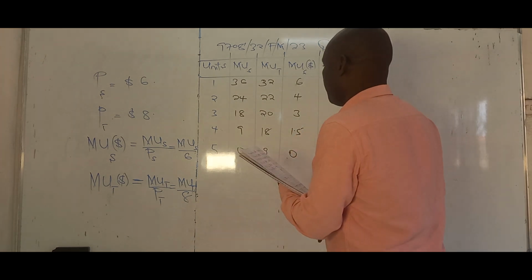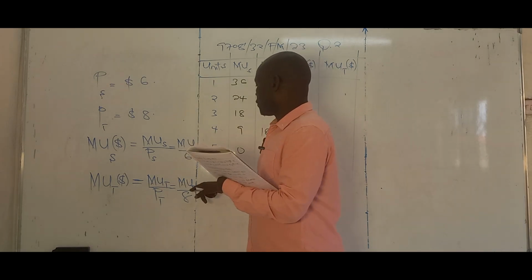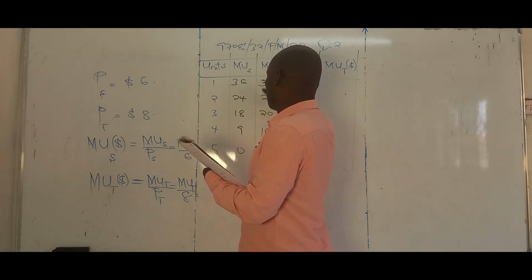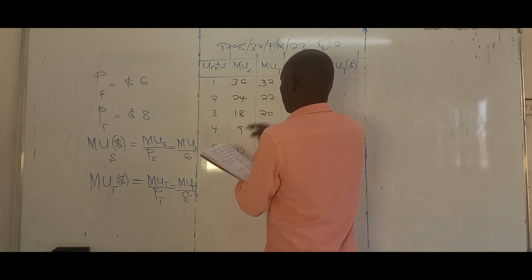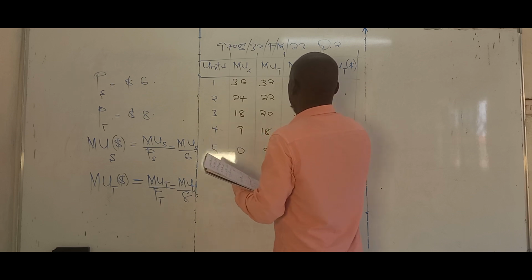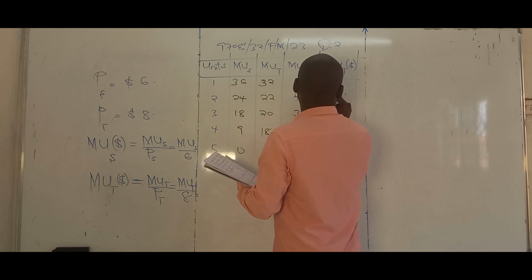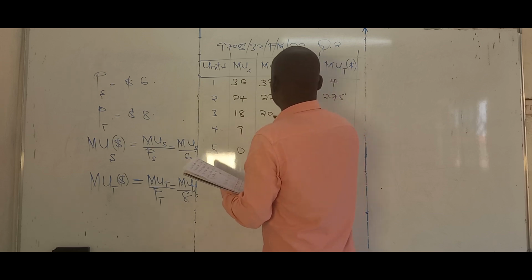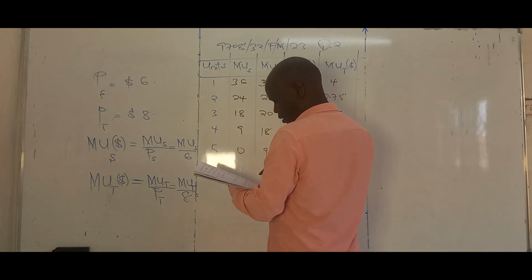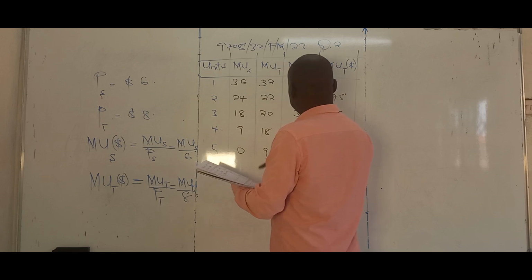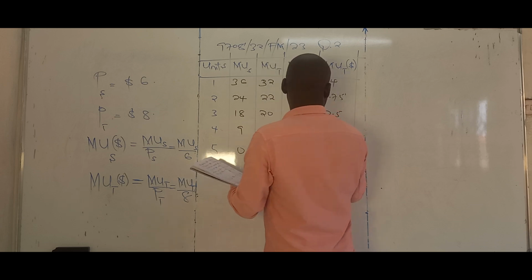Then we get to this column here. It is now marginal utility per dollar, as I'd said, so it will be marginal utility for good T divided by 8. So 32 divided by 8 is 4. 22 divided by 8 should give us 2.75. 20 divided by 8 is 2.5. 18 divided by 8 is 2.25.